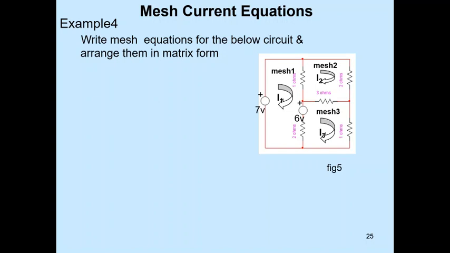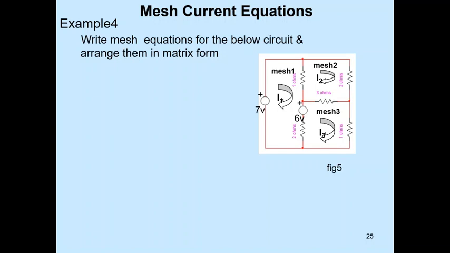See, 6 branches are there, 4 nodes are there. 6 minus 4 plus 1 is equal to 3 equations. 6 branches, 4 nodes, and the number of mesh equations is 3.